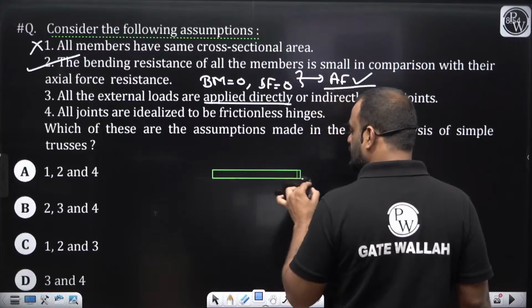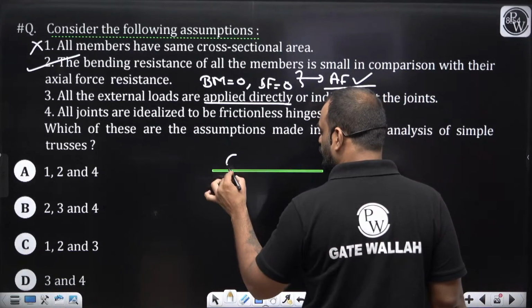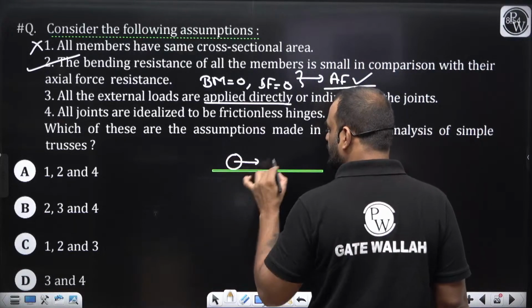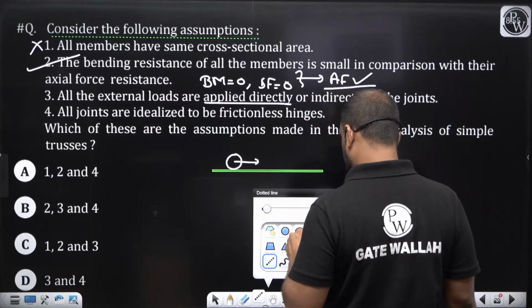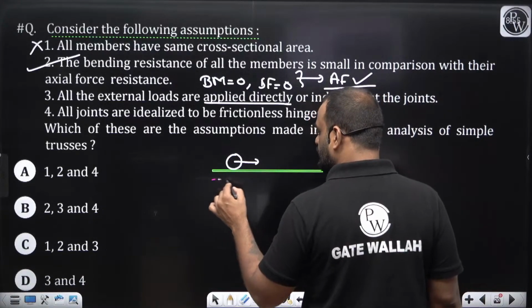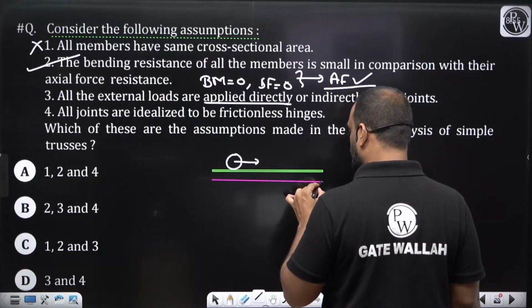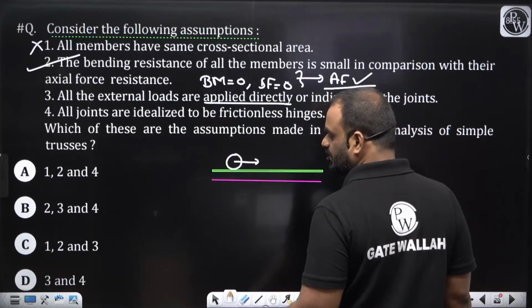Let us suppose this is your span on which some vehicle is trying to move. And let us consider, guys, our truss, or the bottom of a truss, is placed just below this, right? Like this.